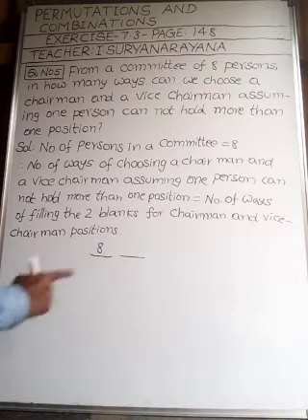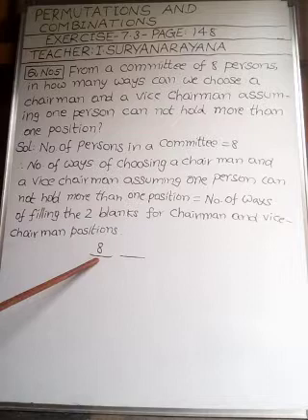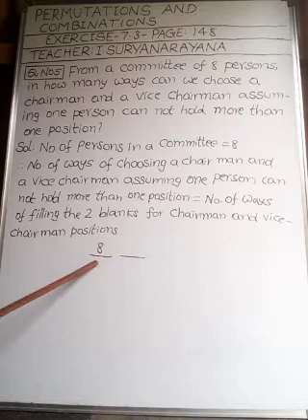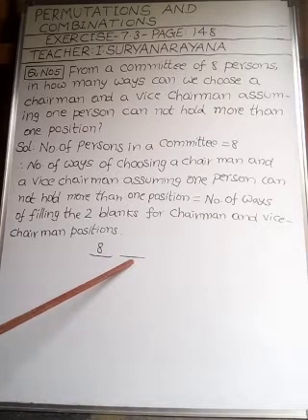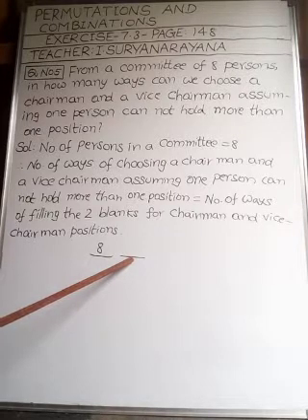Here for the second position, second event, second job, second operation. The first operation is performed. After this, we have to perform the second operation. In how many ways can we perform it?